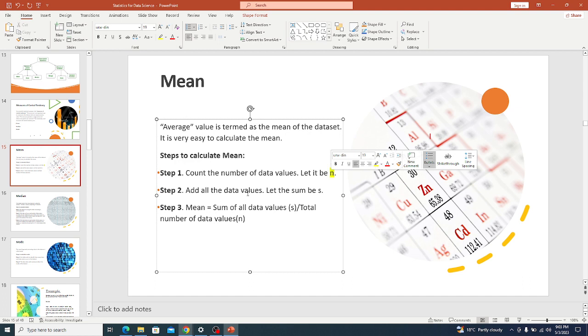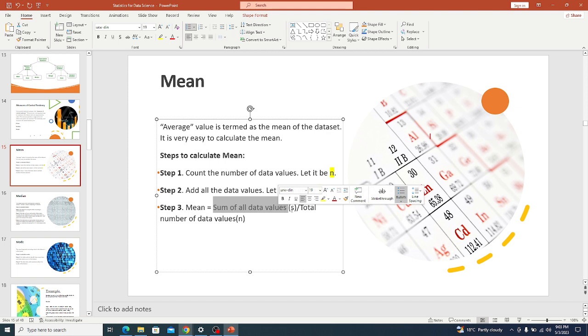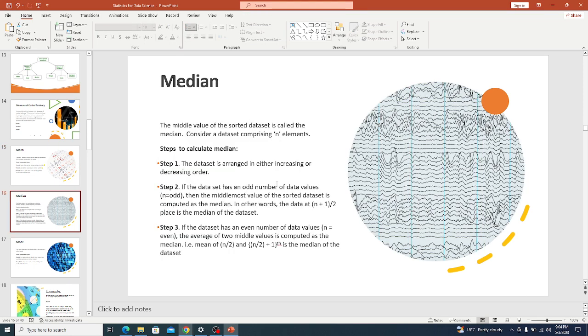Then add all the values, and let the sum be s. Then the mean is s divided by n. Basically, that's the mean.